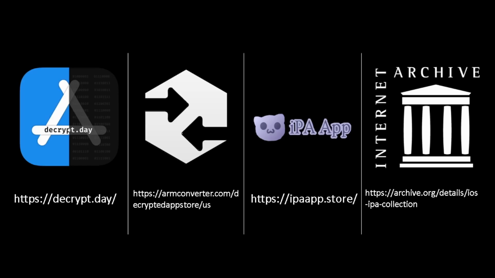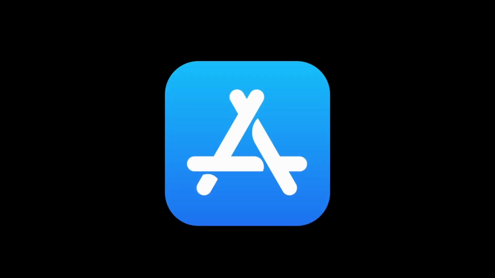And then there is plenty of bundles which are hosted on the Internet Archive, and it's just bundles that people have put together of tens of thousands of IPA files, and this will contain some of the more historic and older versions of IPA files. And if you are looking for something pretty old, there is a good chance it might be hosted in one of these databases.